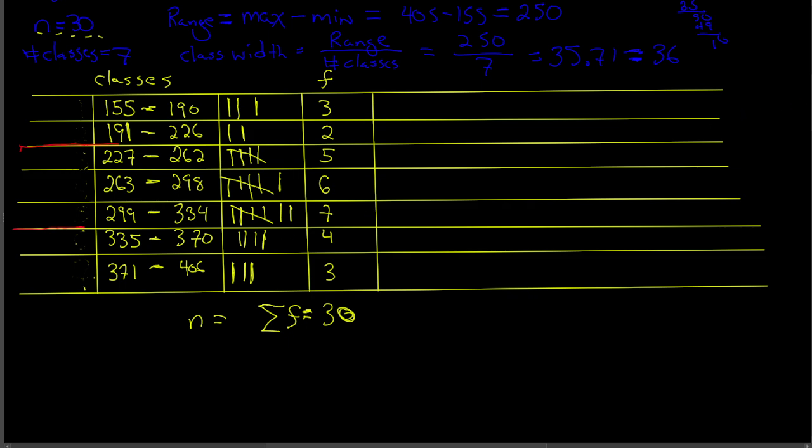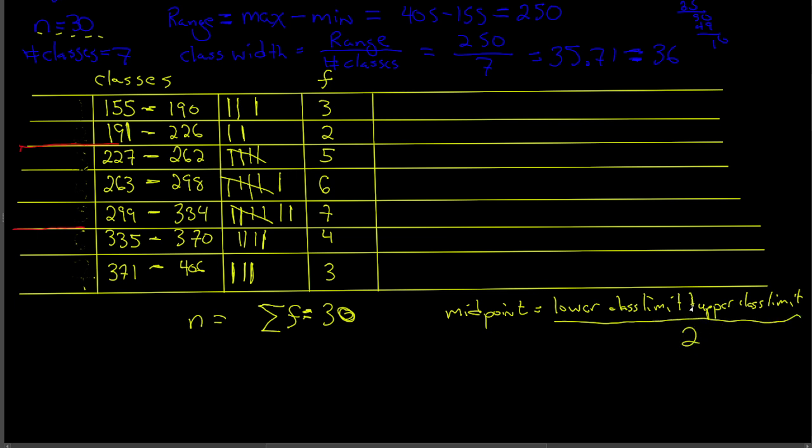And so a midpoint is calculated by, we take the lower interval limit, or the lower class limit. So the midpoint is the lower class limit plus the upper class limit, and we divide by 2. That looks like a t, not an upper.